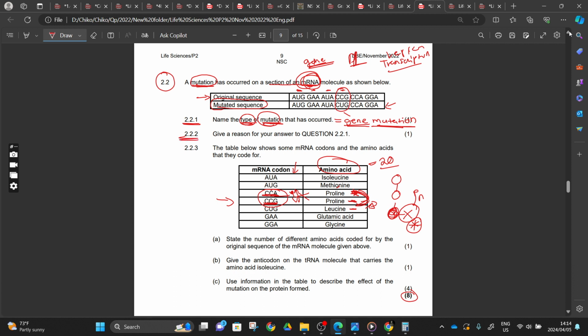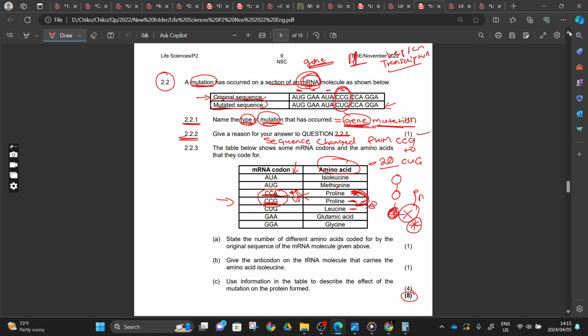2.2.2 says give a reason for your answer to question 2.2.1. Why are you saying this is a gene mutation? It's a gene mutation because the sequence of the gene changed from CCG to CUG. 1 mark, just 1 mark.